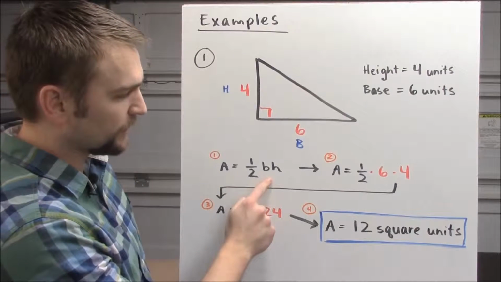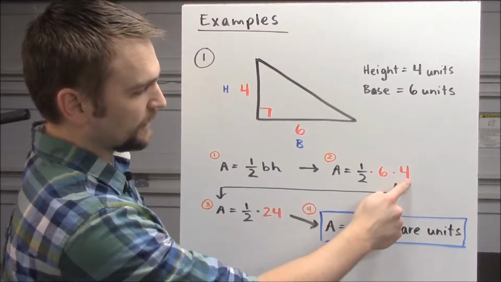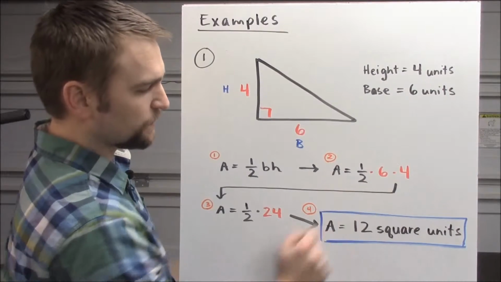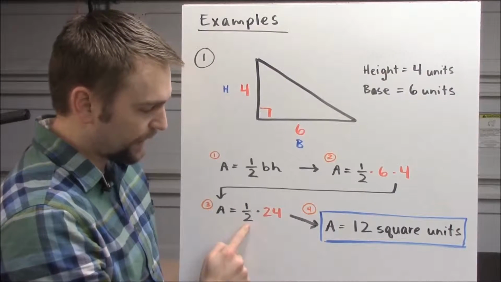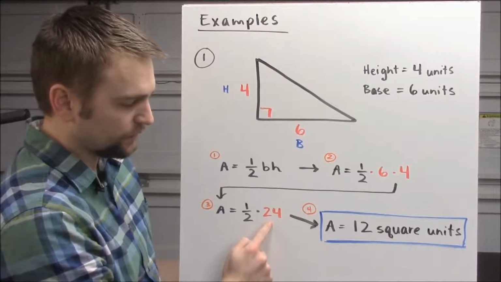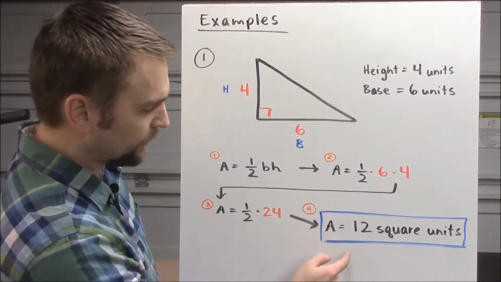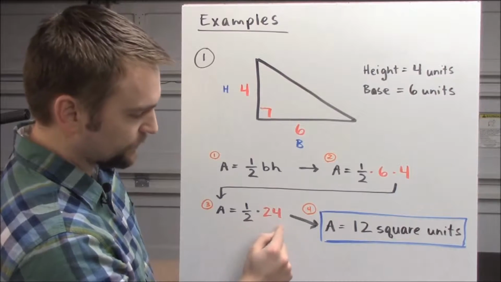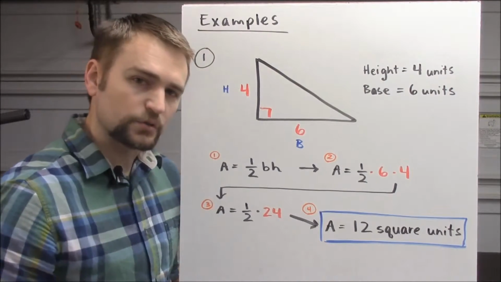Starting here, here's my formula. Then over here, I plugged in my base and my height, so 1/2 times 6 times 4. And if we follow down here, 6 times 4 is 24. And then our final step is just taking 1/2 times 24, which leads me to 12 square units.